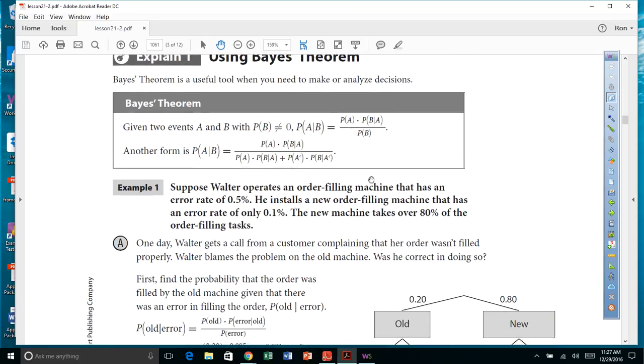Using Bayes' theorem. Bayes' theorem is a useful tool when you need to make or analyze decisions.